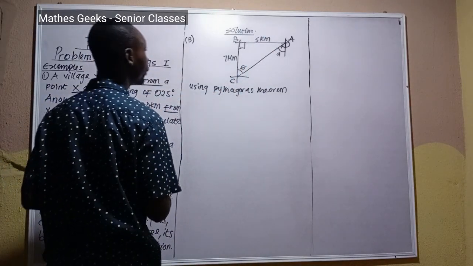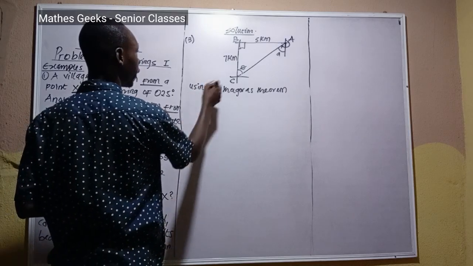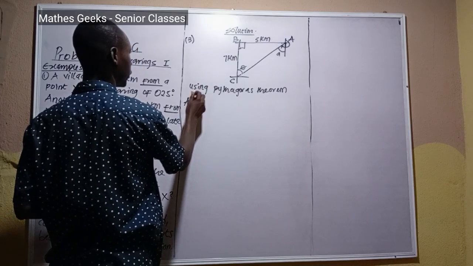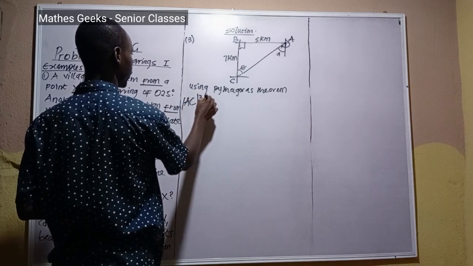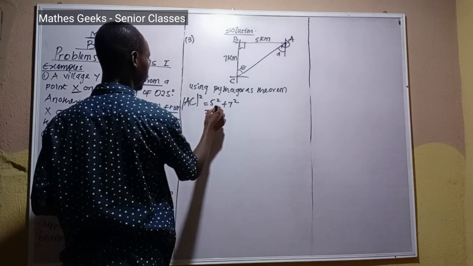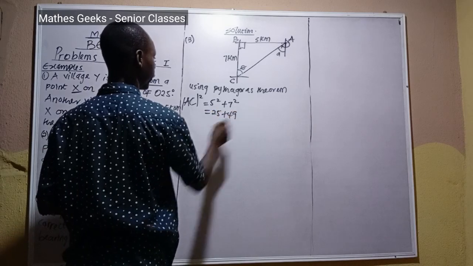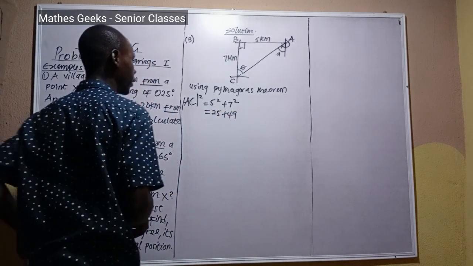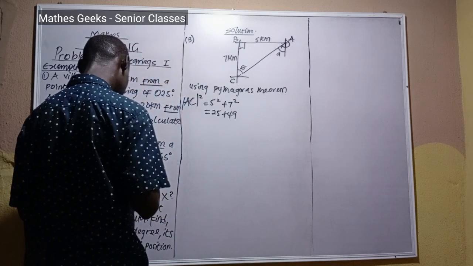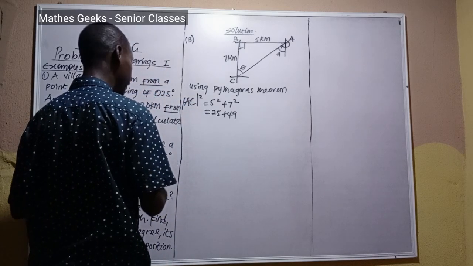Using Pythagoras theorem, line AC squared is equal to 5 squared plus 7 squared, which gives us 25 plus 49, that's 74.